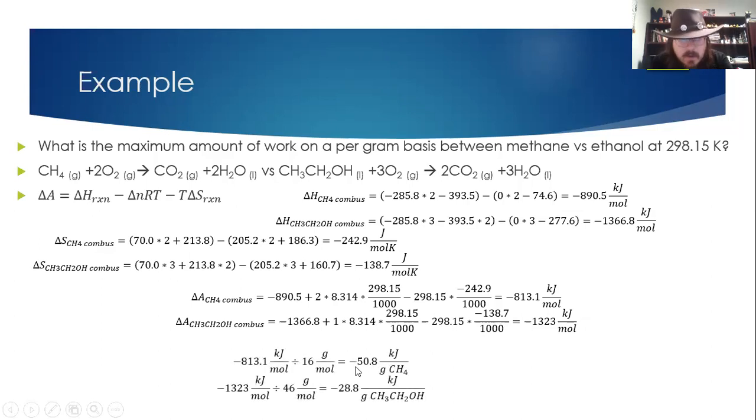And so on a per gram basis by weight, you could get more energy, more work, from burning methane than you would from ethanol. Even though ethanol produces more, you need more of it to get that same effect.